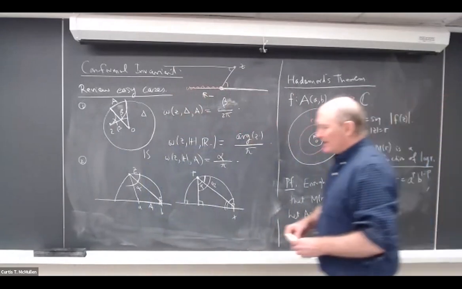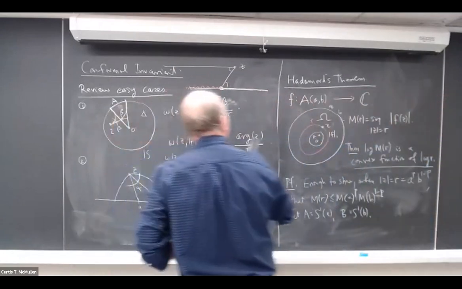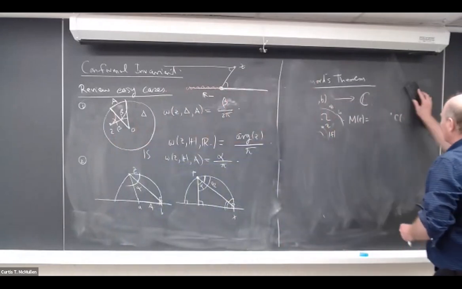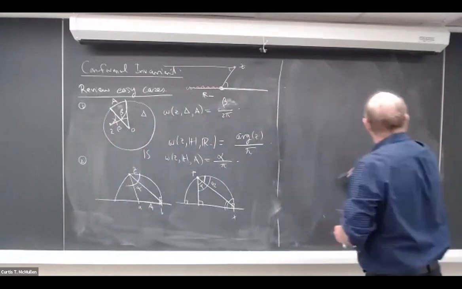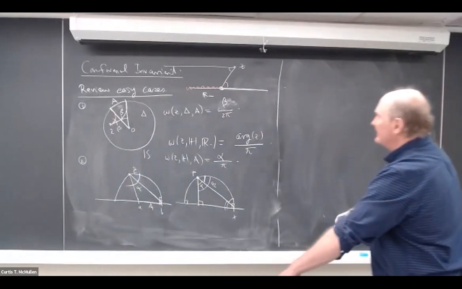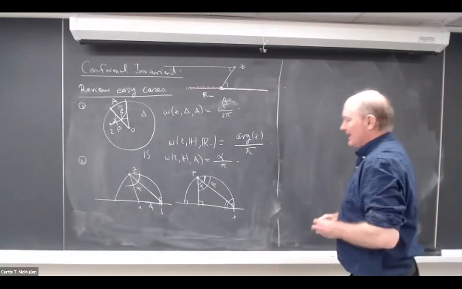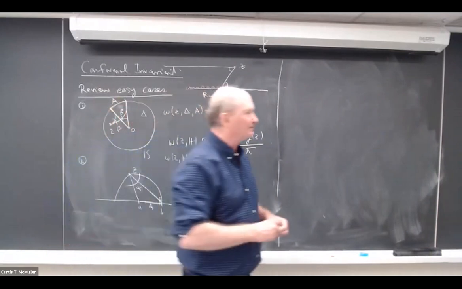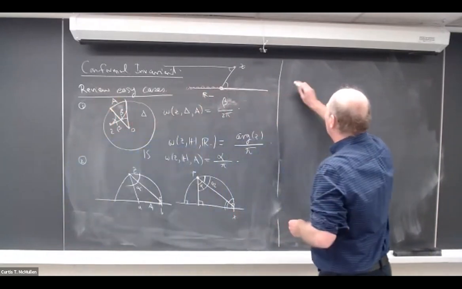Okay, so let's use this calculation in the upper half plane to prove a theorem. Another basic theorem in complex analysis having to do with what are called asymptotic values. So the setting is the following.